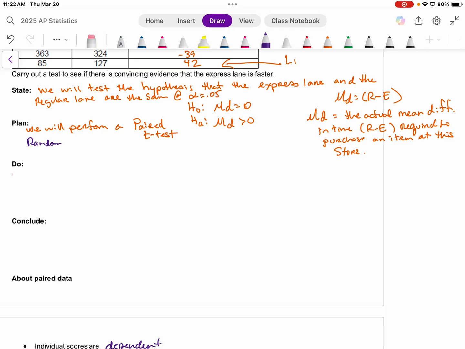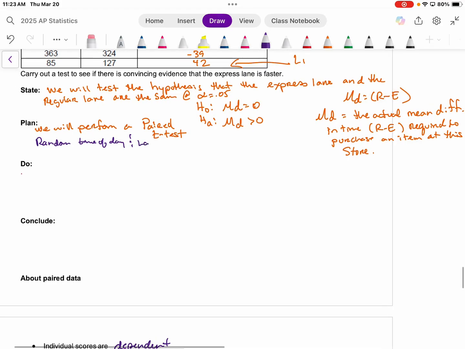Random, they did tell us if we go back and reread it, they randomly selected 15 times during a week. They went to the same store, bought the same item, and they also did random assignment. One of them used an express lane, one used a regular lane, and they would flip a coin. So they did random assignment for time of day, random time of day, and lane assignment. They were trying to be really careful on that.